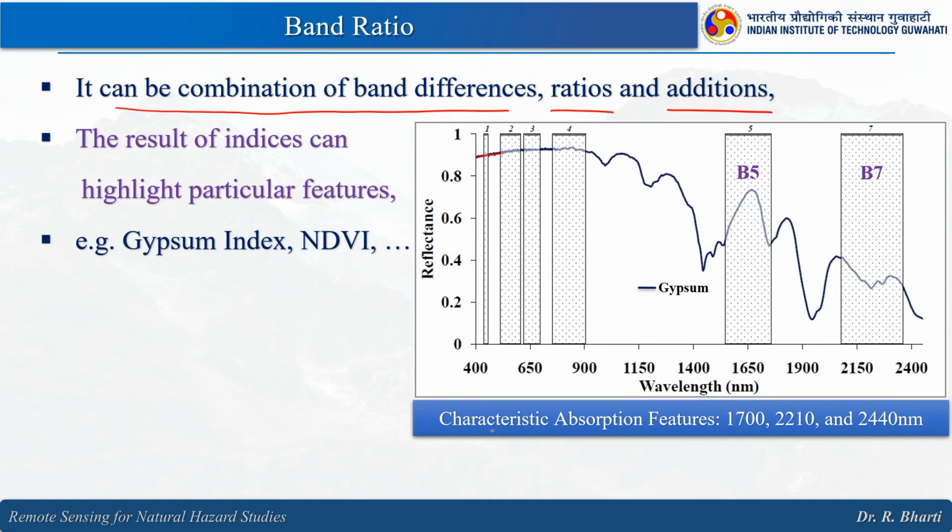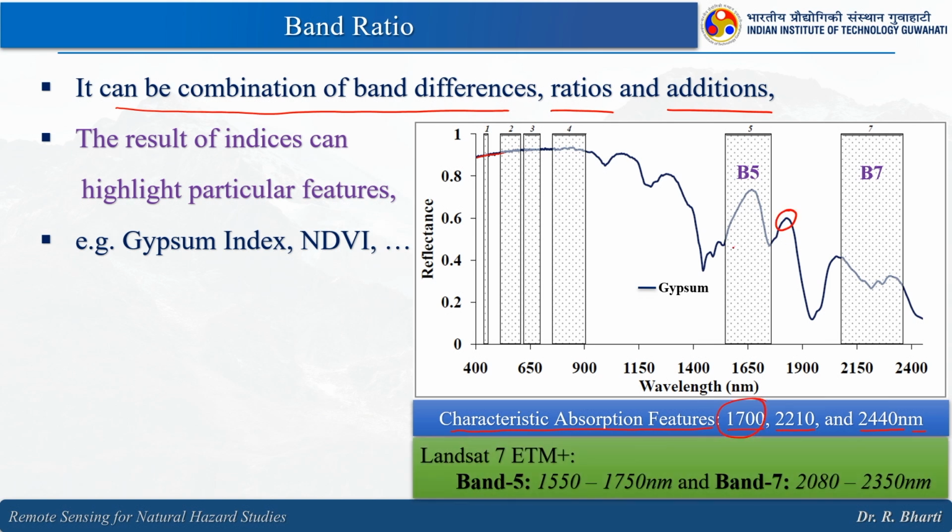When we talk about the gypsum spectra, the characteristic absorption features are located at 1700, 2210 and 2440 nanometer. If you see these absorption features, we can have the band ratio using these locations and one of the peak reflected areas. When we consider this Landsat 7 ETM plus data, band 5 has this wavelength range, band 7 has this.